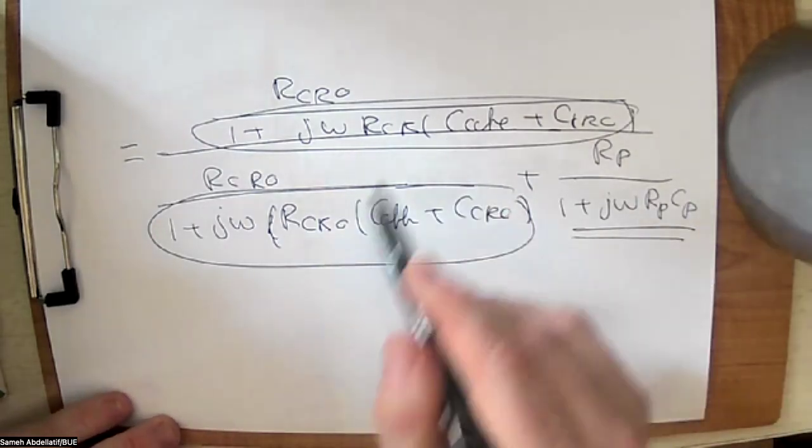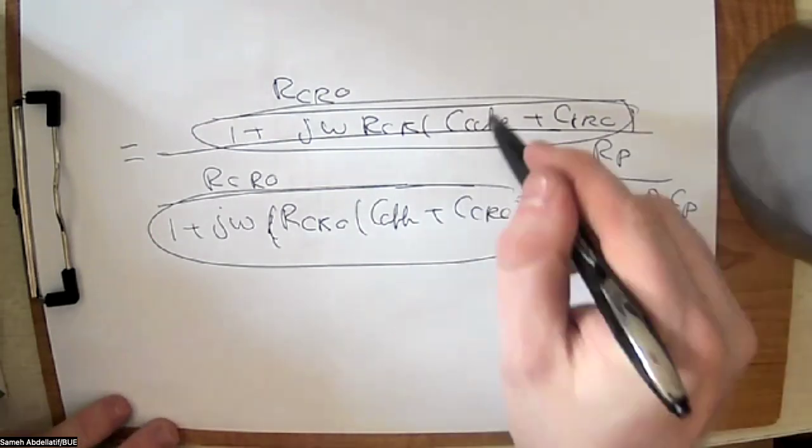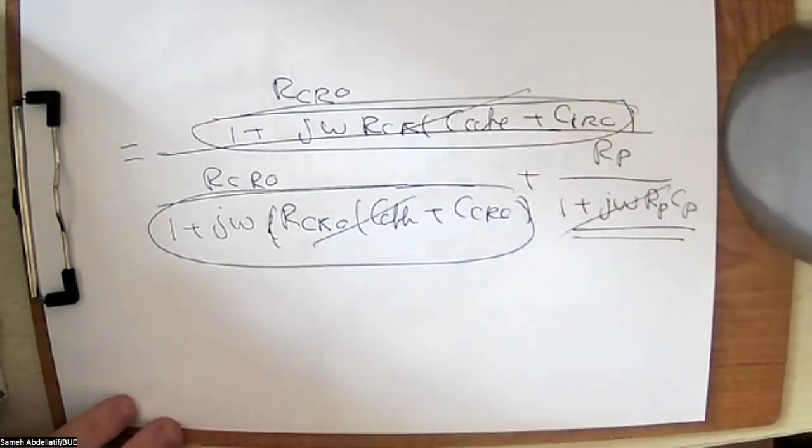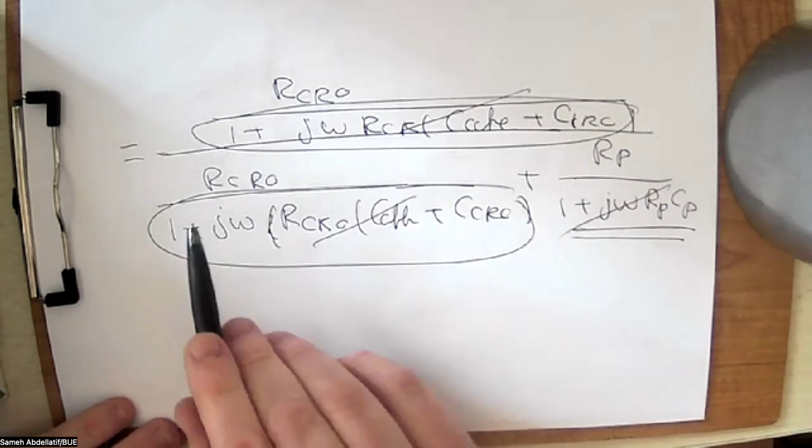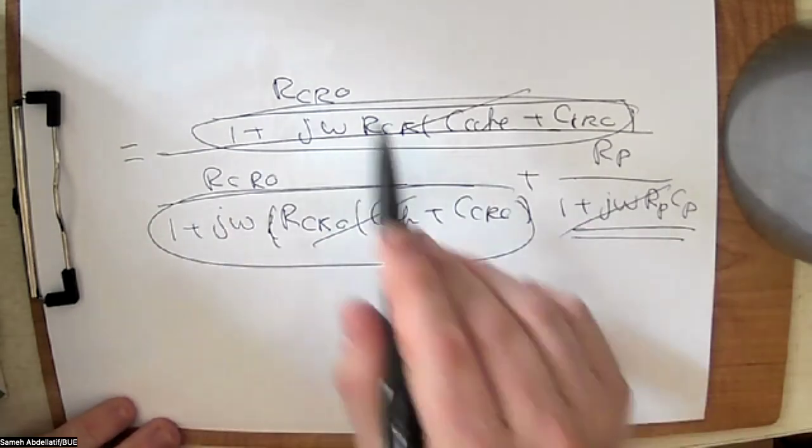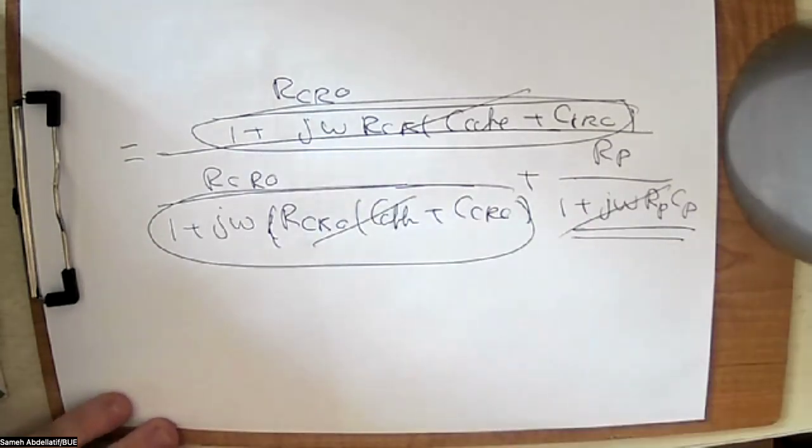If this term is equal to this term, you can simply cancel this, and it ends up to R_CRO over R_CRO plus R_probe, which is 1 over 1 plus 9, which is 1/10.